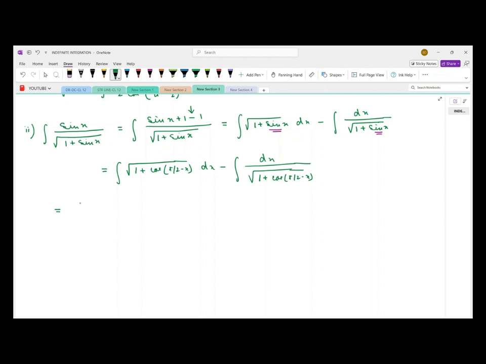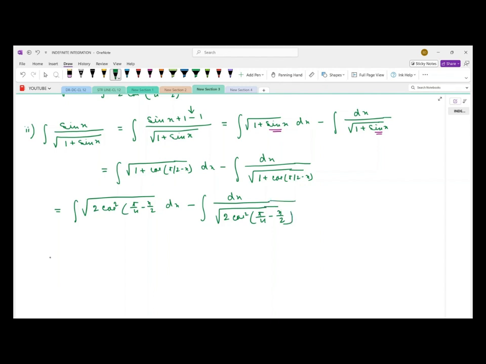Okay, so this way 1 plus cos x is 2 cos square of pi by 4 minus x by 2 dx, and here it is dx by root over 2 cos square of pi by 4 minus x by 2.